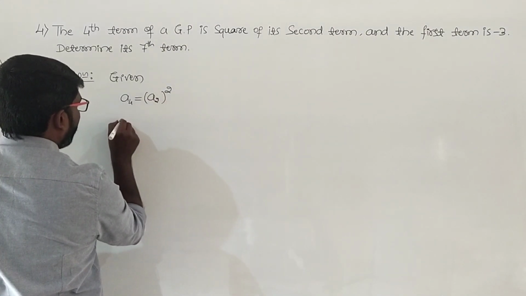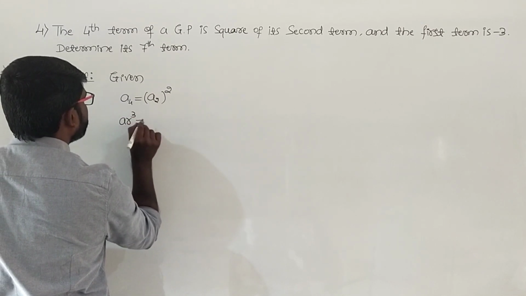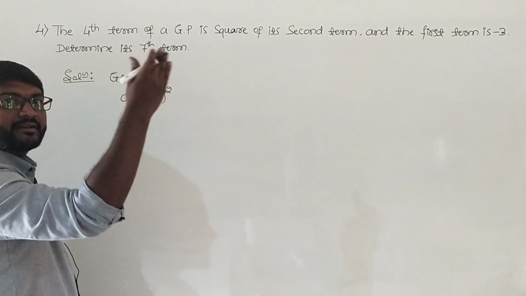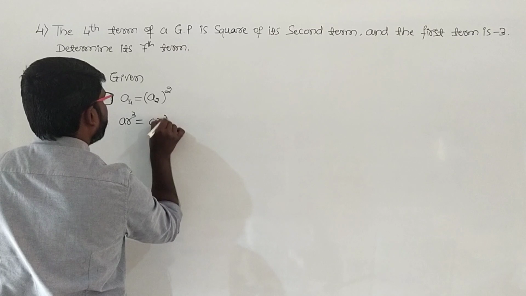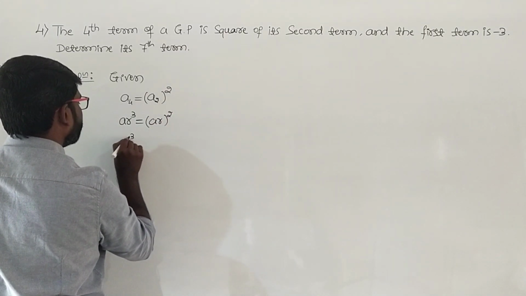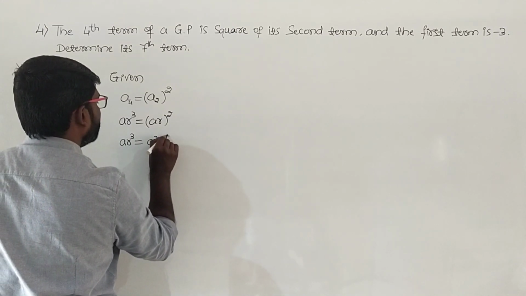So here A4 can be written as A into r raised to 3, which is equal to A2, which is nothing but AR. A2 will be AR the whole square. So now A into r raised to 3 is equal to A square into r square.